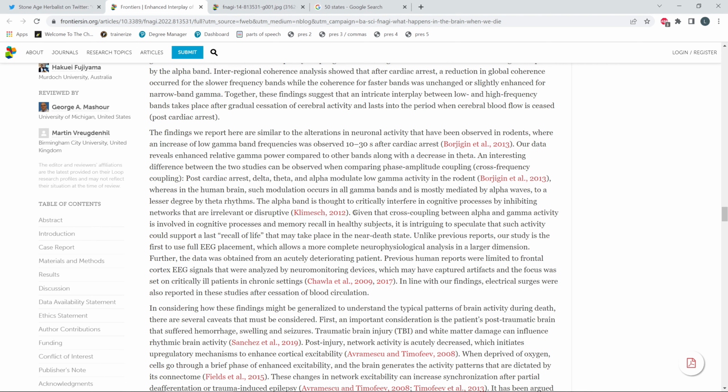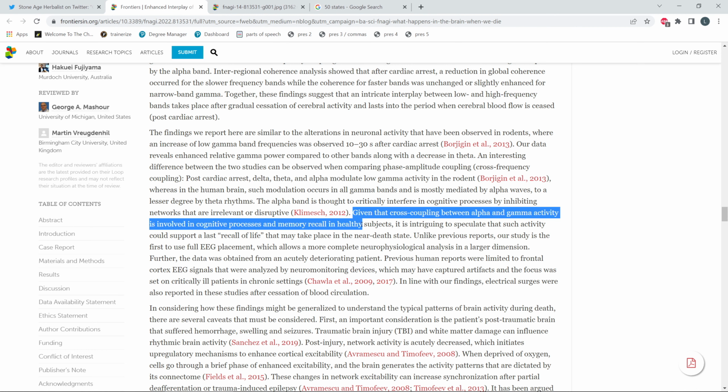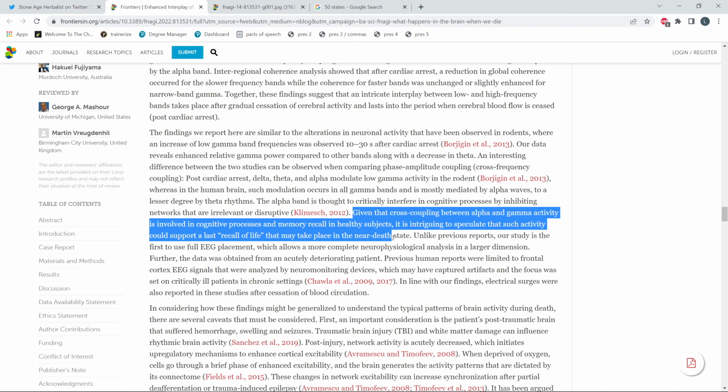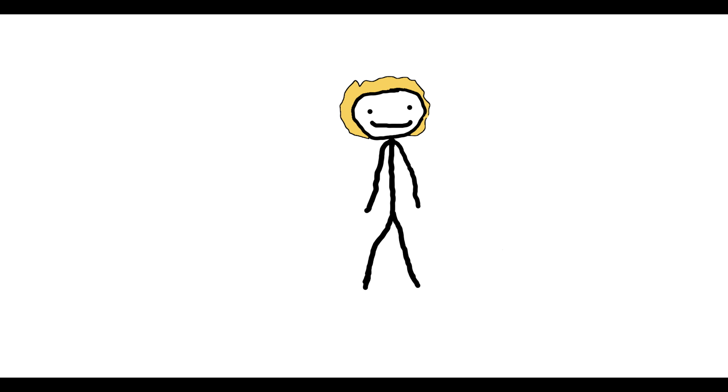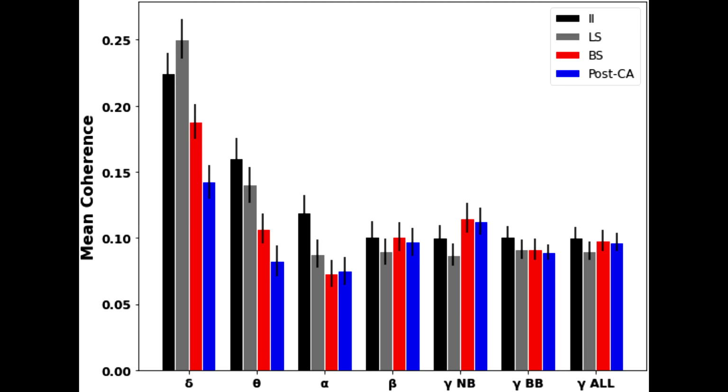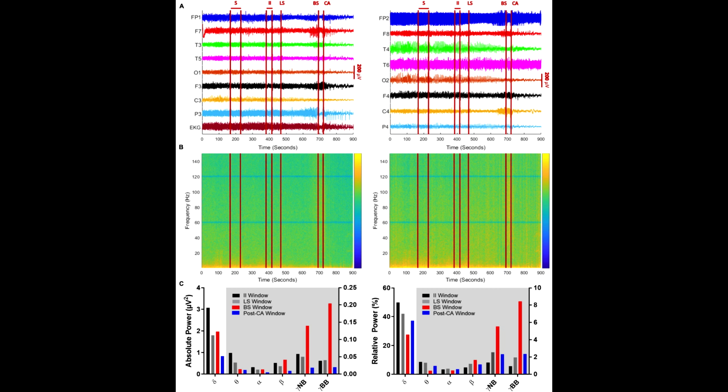They speculate that cross-coupling between alpha and gamma activity is involved in cognitive processes and memory recall in healthy subjects. It is intriguing to speculate that such activity could support a last recall of life that may take place in the near-death state. Upon reading this, I thought that this could be what people call their life flashing by in near-death experiences. It could simply be the cross-coupling between alpha and gamma activity involved in cognitive process and memory recall going crazy, supporting the last call to life.